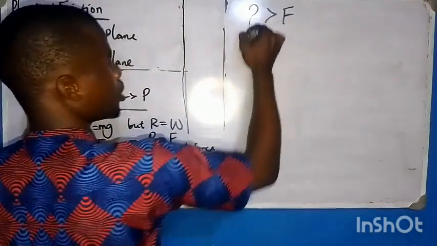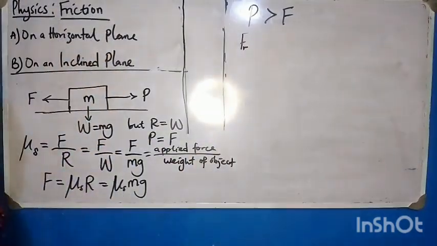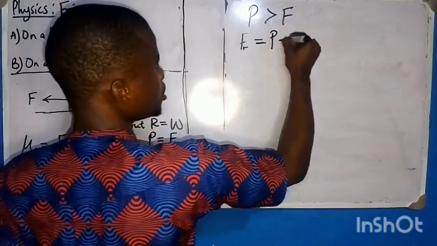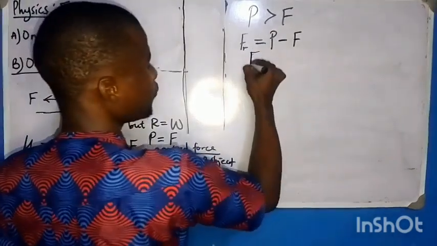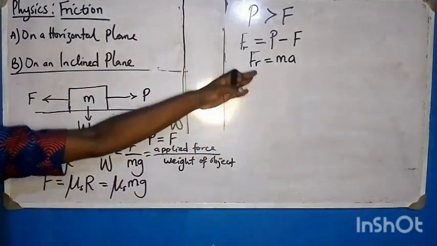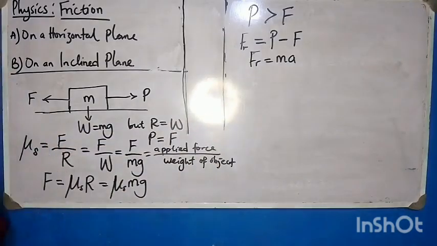So for this case, we are going to find our net force. Fr is our net force here, which is going to give us P minus F, the applied force minus the frictional force. And our Fr here is equal to the mass of the body times acceleration. Remember, the body is in motion, so our net force here is the mass times the acceleration.